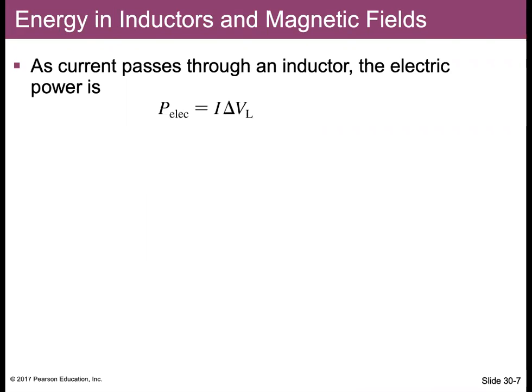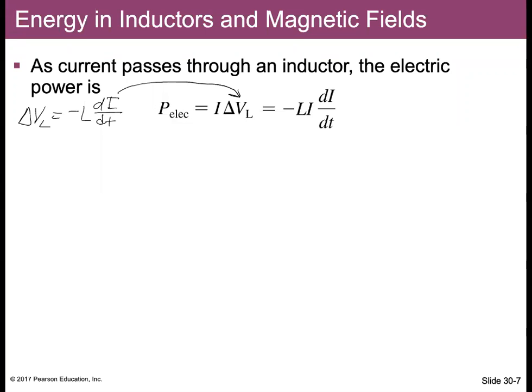P electric equals I times delta V sub L. Now we know from what we just saw that delta V sub L equals negative L di/dt. So we can plug this in for delta V sub L right here. And we see that in that case, the electric power is equal to negative L I di/dt.